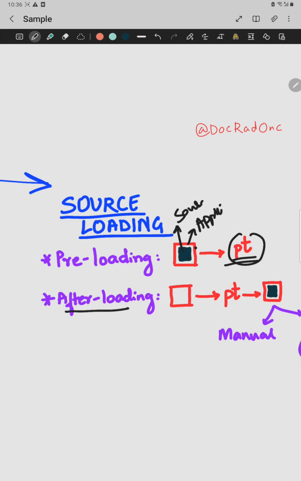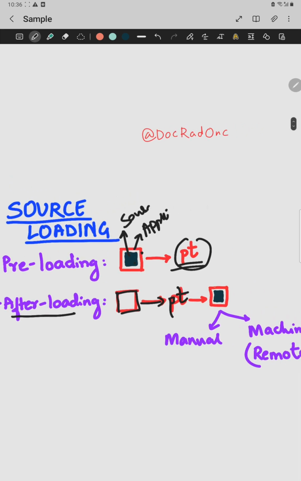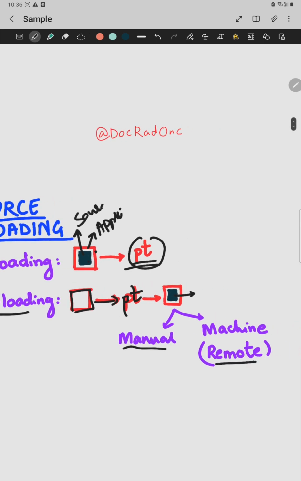Afterloading means you first place the applicator in the OT or OR, in the patient, and then afterwards you load the source. This loading of the source is either manual or remote. Either the clinician manually loads the applicator with the source, or the machine does it, that is an automatic remote afterloading machine.